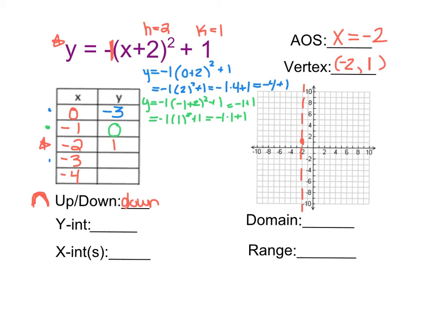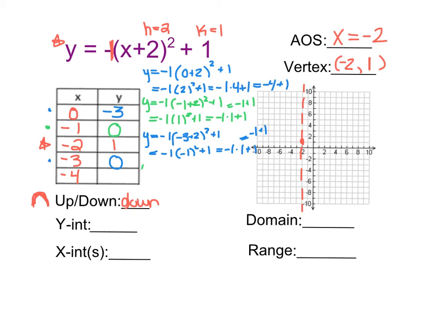Then we move on and we do x is -3, so we have y is equal to a -1 times (-3 plus 2) squared plus 1. So we start with parentheses, so we have -1 times -1 squared. Well, -1 squared is 1, so we have -1 times 1 plus 1, which becomes -1 plus 1, which is 0.